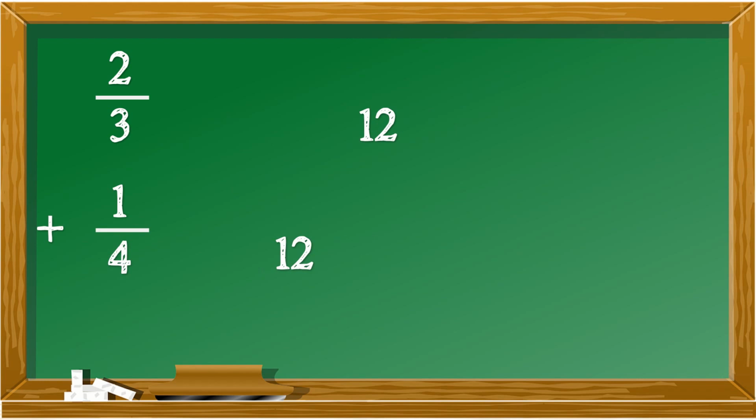So let us remove all those multiples and use 12 as their new denominators. As you can see, we don't have their numerators yet. So we need to divide the denominator 12 by the denominators 4 and 3.